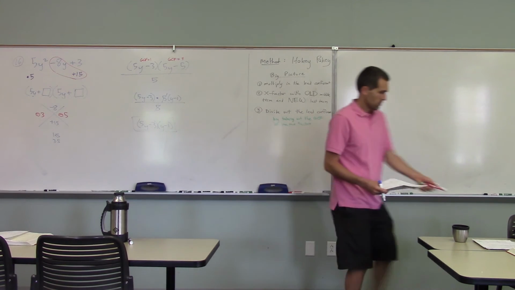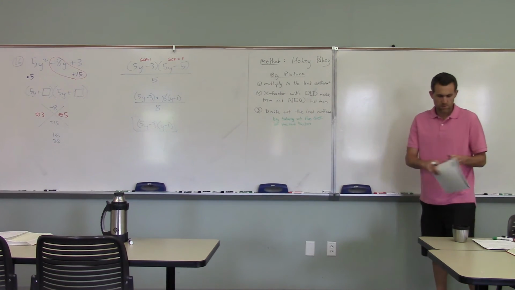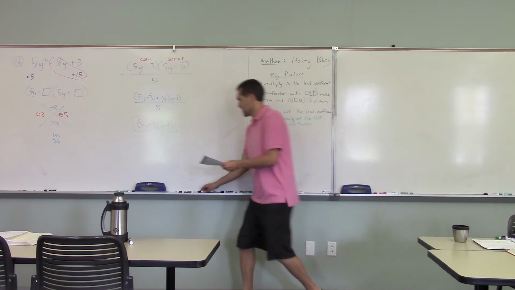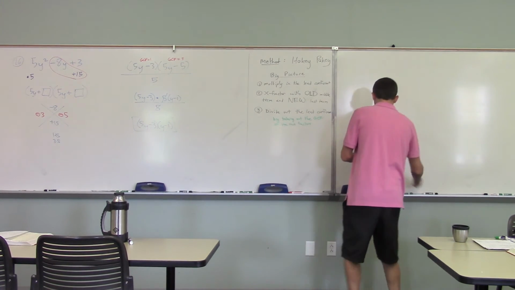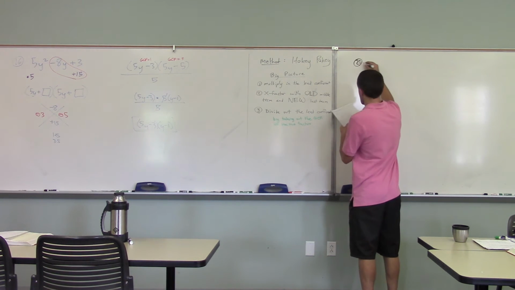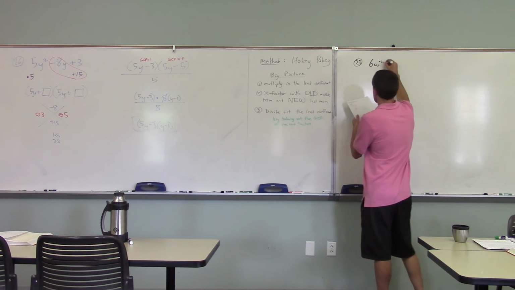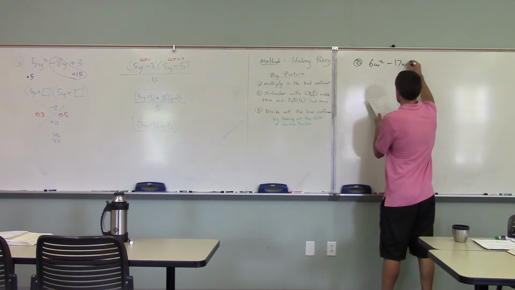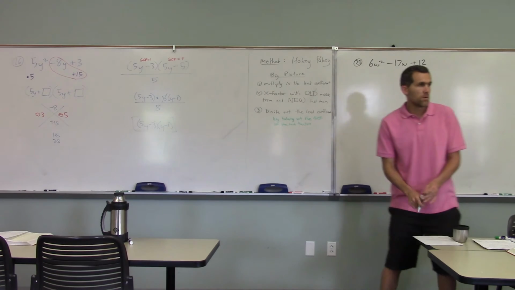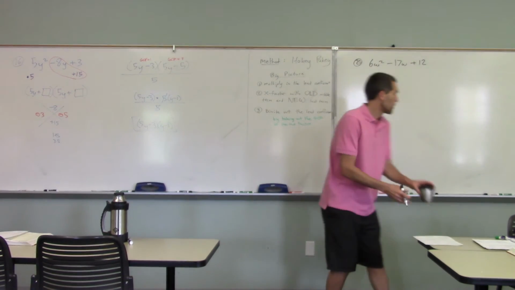Let's get some black pens here. Alright, 20. So this was the one that the book would have us guess and check that has 12 possibilities. 6w squared minus 17w plus 12. Okay. So, what will we do first?